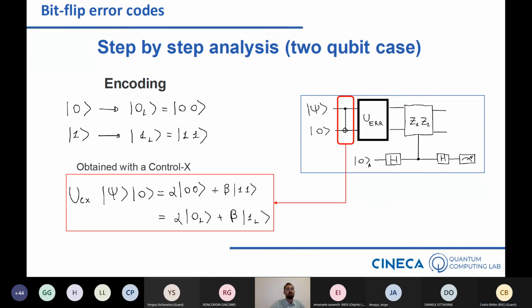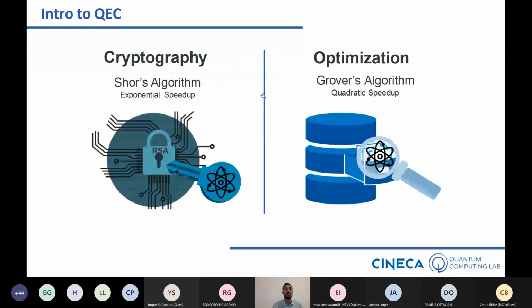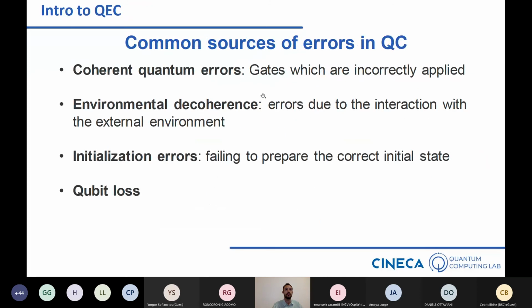Well, I'm not sure, but I think in current hardware the thing is much more complicated, because probably the main source of error in today's devices is environmental decoherence.